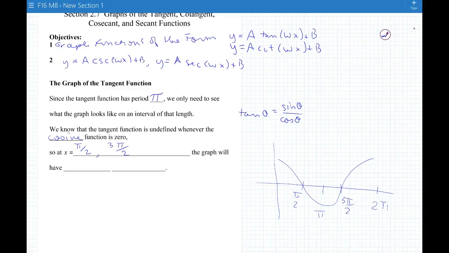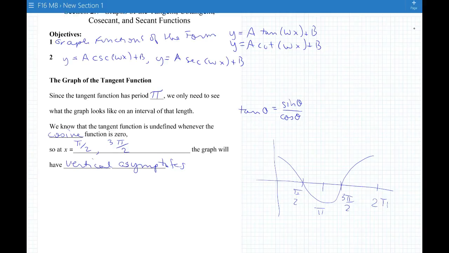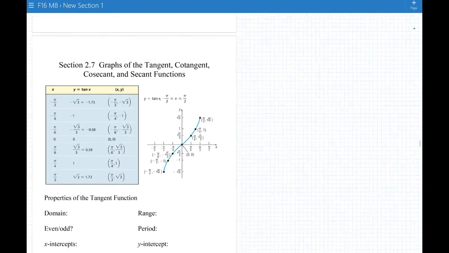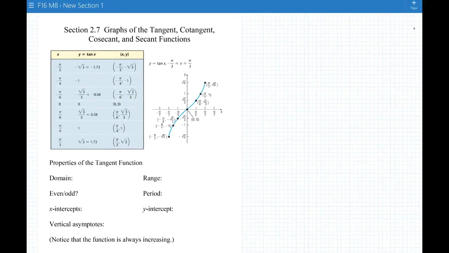So at x equals pi over 2 and 3 pi over 2, the graph will have vertical asymptotes. Remember we talked about when vertical asymptotes happen? When the denominator is 0. So whenever the cosine of theta is 0, the tangent graph is going to be undefined and will have vertical asymptotes. If you plot lots of points, you'll get a graph that looks like the one in the notes or in the book.